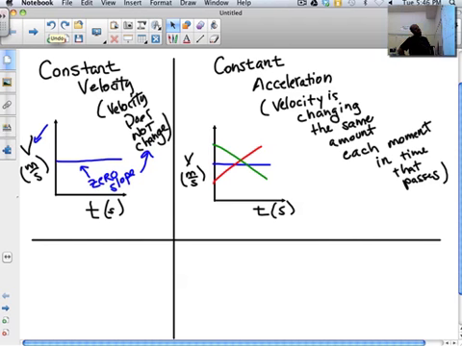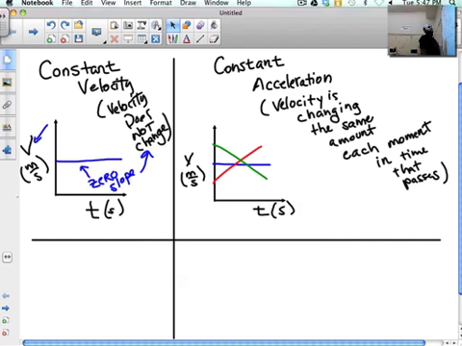Pause the video and think about which one of these is going to be constant acceleration. I'll wait a moment while you think about it. Hopefully you actually thought about it. Truth is, all of these are constant acceleration. Any line on a velocity graph is going to be constant acceleration.